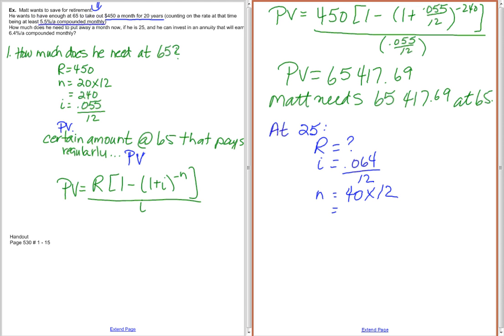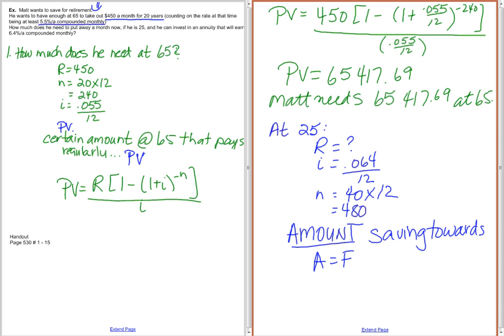So that N value is 480. If Matt is saving towards $65,417, that's an amount problem. So amount or future value, same thing, is that 65,417.69 he needs to save towards.